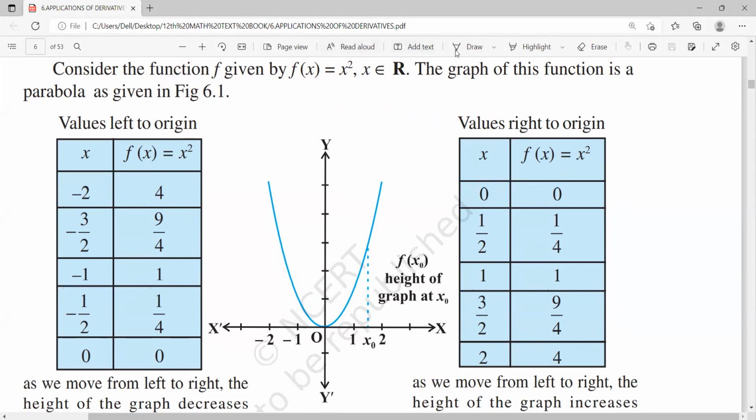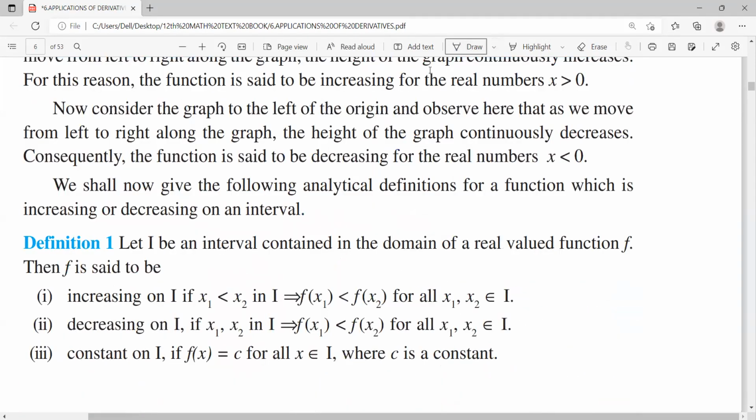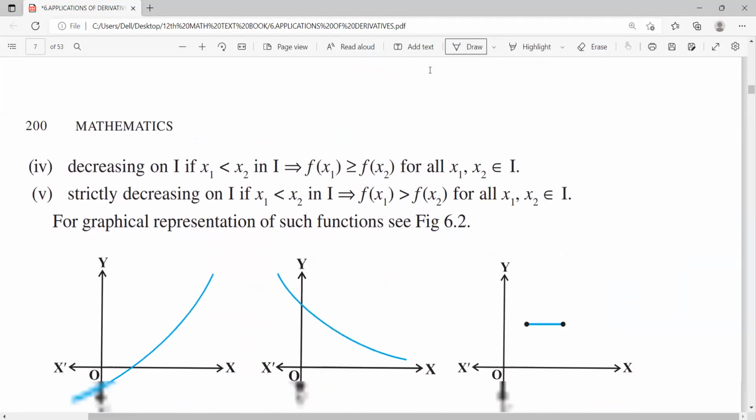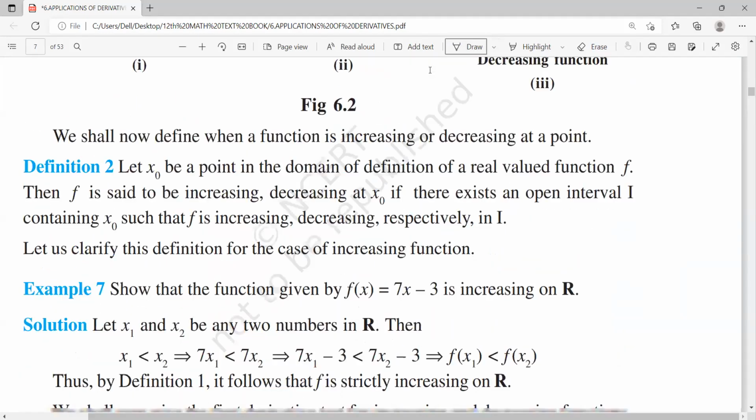At this point means in this neighborhood, you have to discuss the neighborhood. Or you can say at that point you can draw the tangent, substitute that point and check that. As simple as that. So these are the definitions.